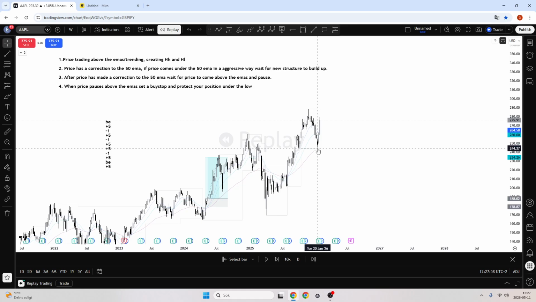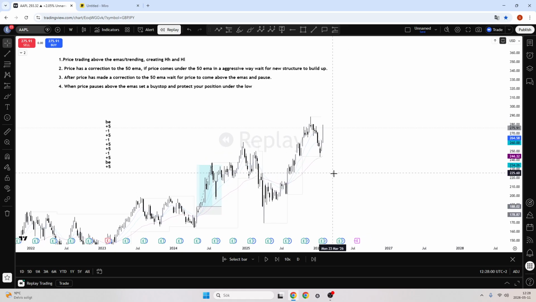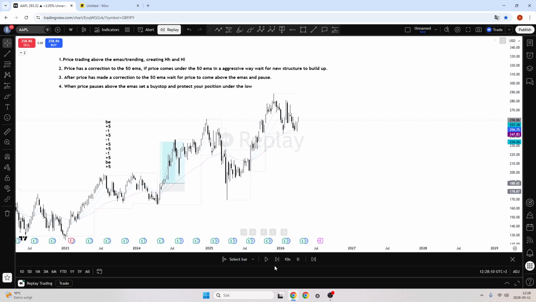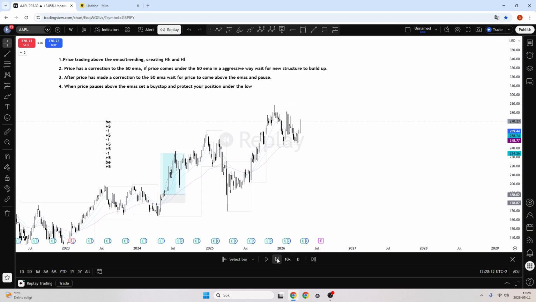Kind of comes down to the 50 MA, or just below it, or above it I mean. So I would wait for a pause here. Waiting for a pause.